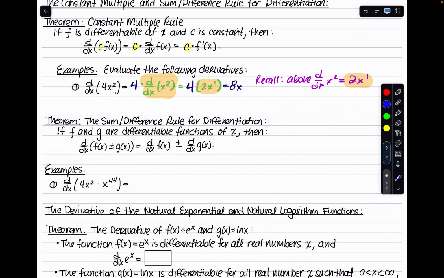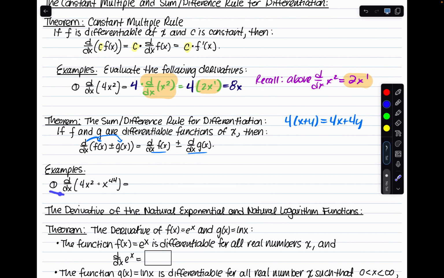It feels a lot like distribution over addition for expressions like 4 times (x plus y). Right? We distribute that 4 in. This is 4x plus 4y. It feels a lot like we're distributing the derivative operation. We're not technically doing so, but if that idea helps you see what's going on, please use that.